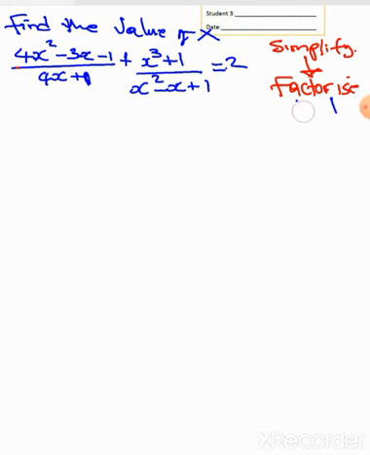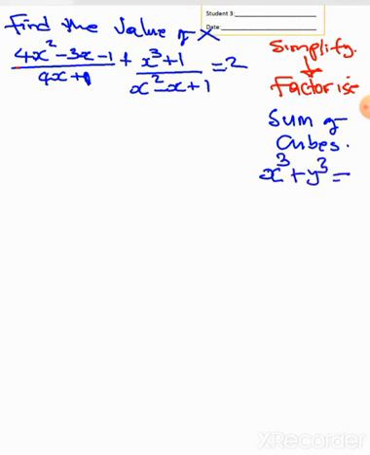Then the other one that you must always have at this level of your education is to know the sum of cubes. With the sum of cubes, it says, given an expression x cubic plus y cubic, you can easily make this a factor. So this is a 2. You just pull it and you use it.